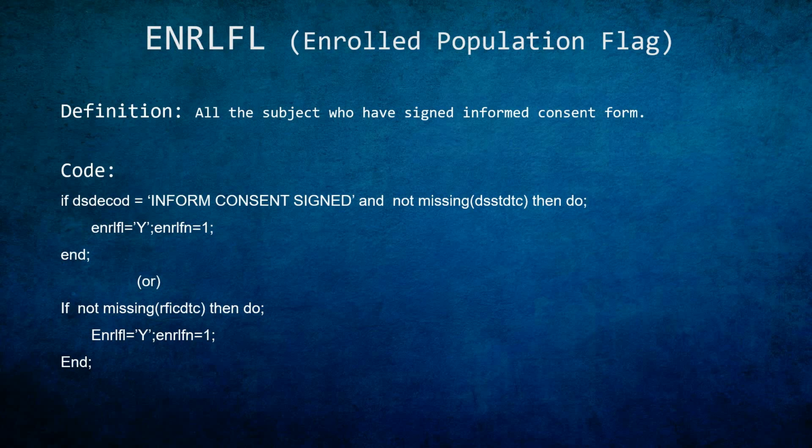And if we are using the demographic data set, then we can say if RFICDTC is not missing, then the enrolled population flag equal to Y. For the rest of the subjects, ENRLFL equal to N, and we can derive the respective numeric value.